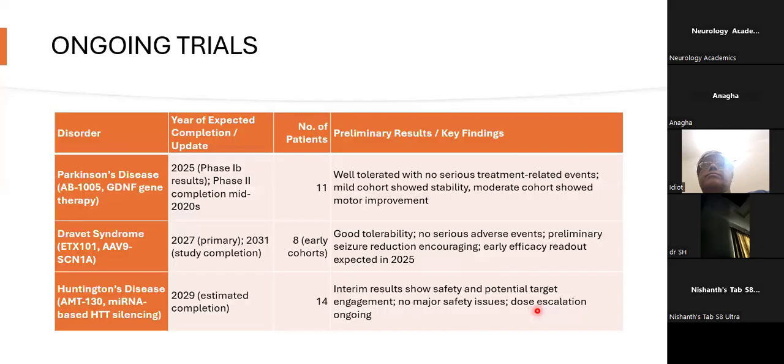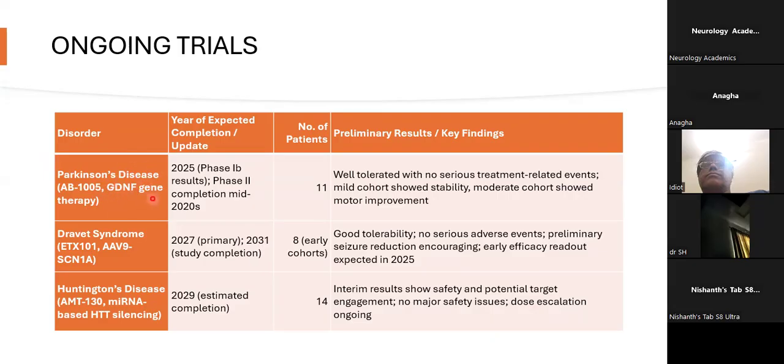So there are currently several trials that are ongoing with these gene therapies. These are mainly 3 trials which have high visibility and have a high potential in changing the disease course. One is the GDNF gene therapy in Parkinson's disease. So here, this is an adeno-associated viral-based therapy with the injection of this glial cell-derived neurotrophic factor, that is the GDNF gene.